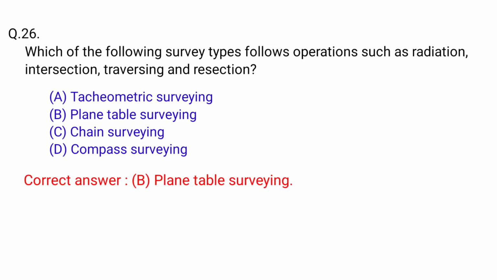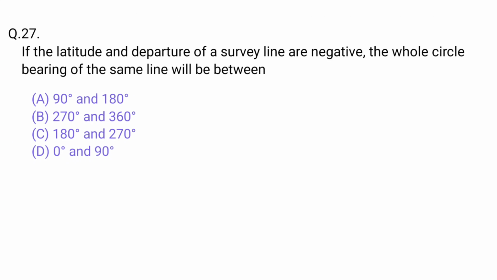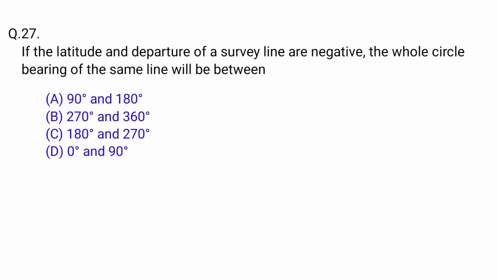Correct answer is option B. Plane table surveying. Next. Question number 27. If the latitude and departure of a survey line are negative, the whole circle bearing of the same line will be between, options A. 90 degrees and 180 degrees, B. 270 degrees and 360 degrees, C. 180 degrees and 270 degrees, D. 0 degrees and 90 degrees.